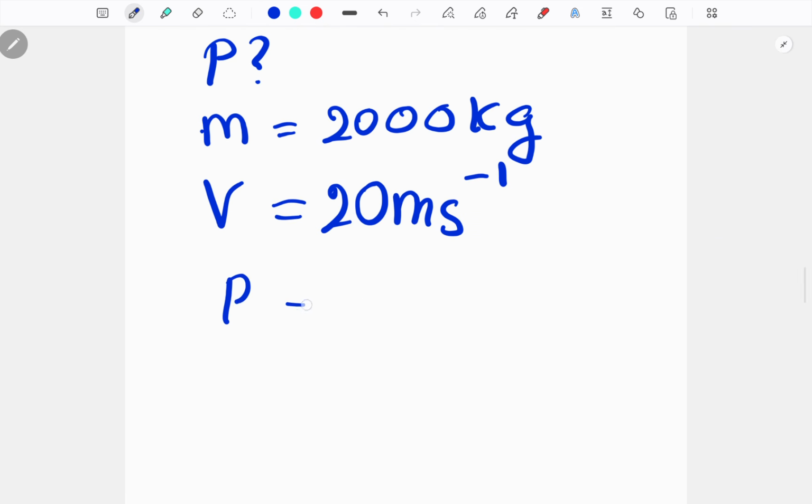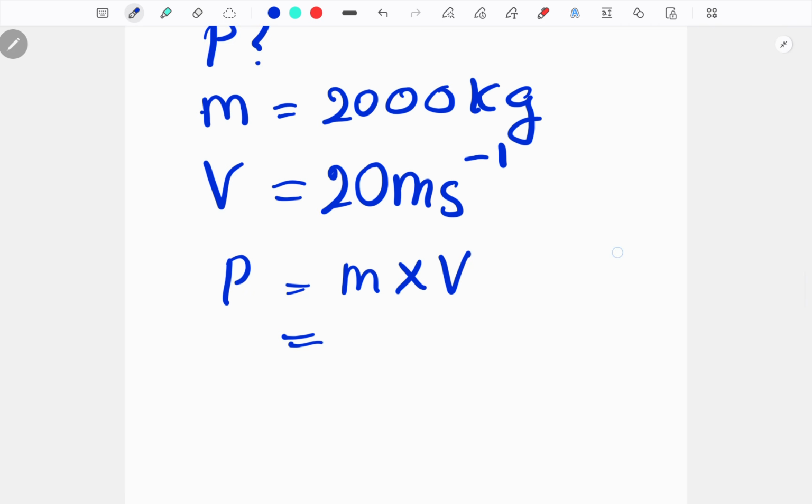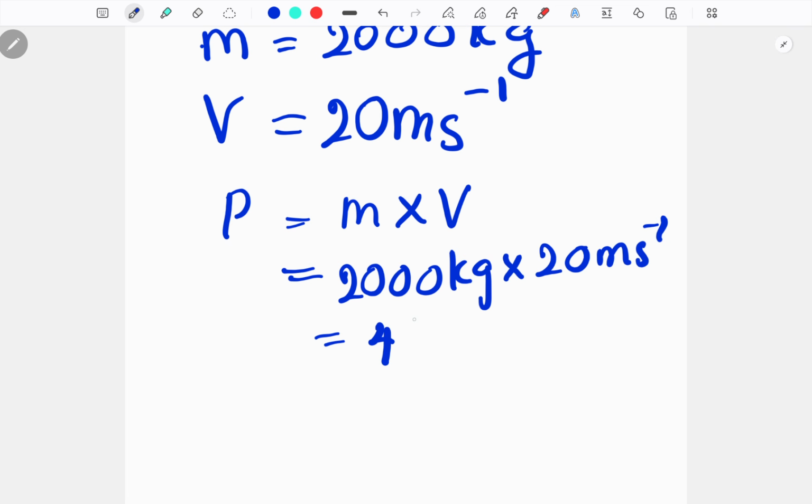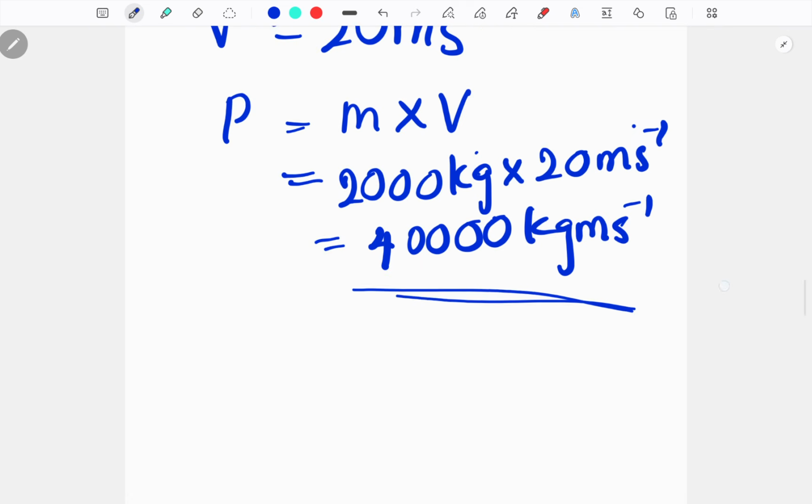So momentum equals mass into velocity. Mass is 2000 kg, 20 meters per second. Now 4 zeros come. The unit combines the units of both here and here. This is the momentum.